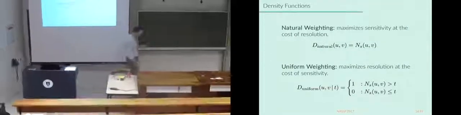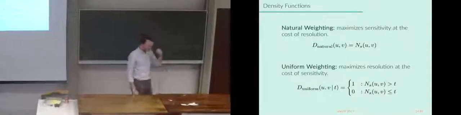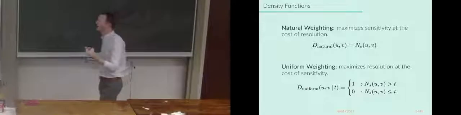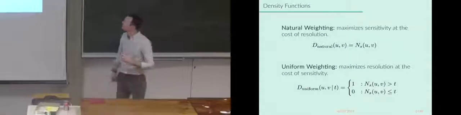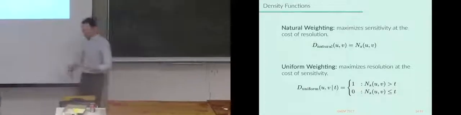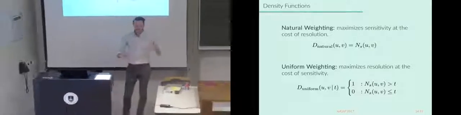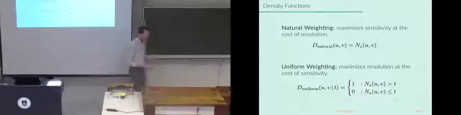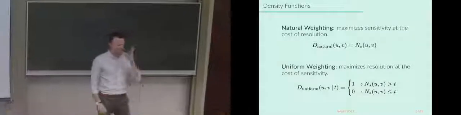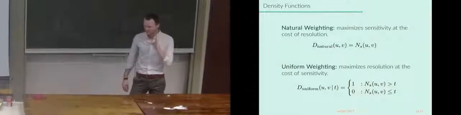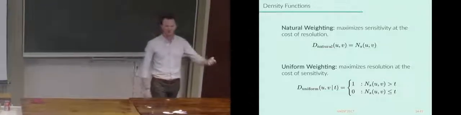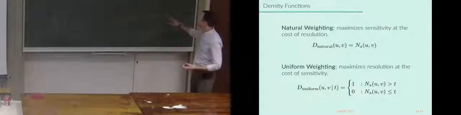The two density functions that will often show up when you make an image are called natural and uniform weighting. Natural weighting is kind of in the name: naturally, I will weight everything based on what its value is. If I observe a UV grid point 100 times, it should be 100 times more valuable than a grid point I only observe once. So that's this triangle function.